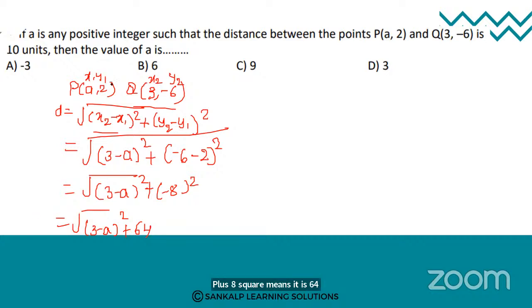First they have given value of d is 10. Okay, value of d is 10. Now by removing this square root, I have to square both the sides.